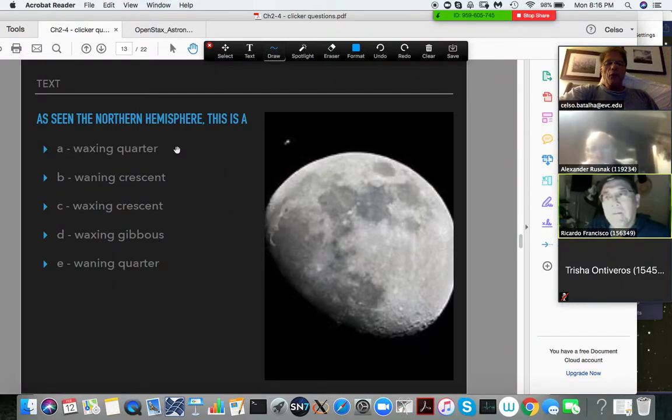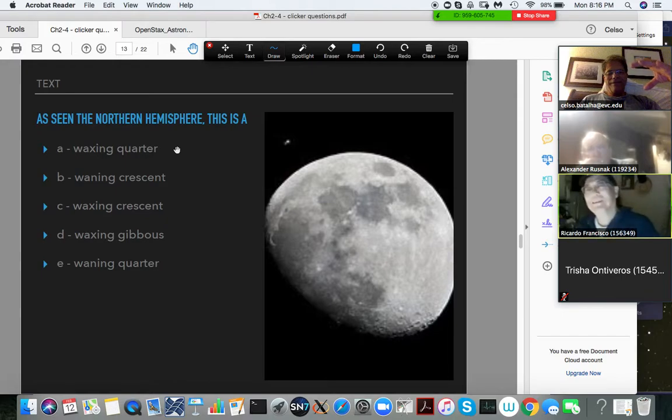Now, as seen from the Northern Hemisphere, what type of moon is this? Is it waxing or waning? Now, the way to answer this question, you say, okay, how can I hold this moon, with my right hand or left hand? So we can hold this moon with the right hand, right? If it's the right hand, that is a waxing moon.